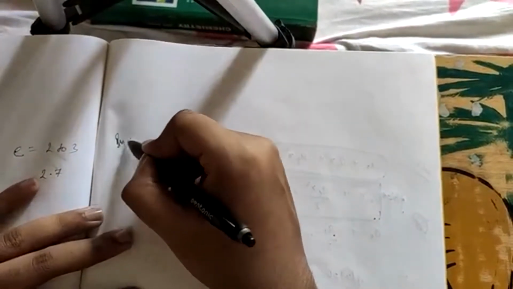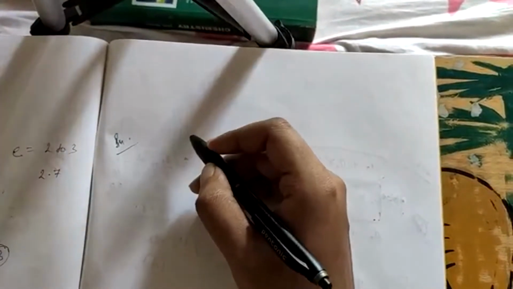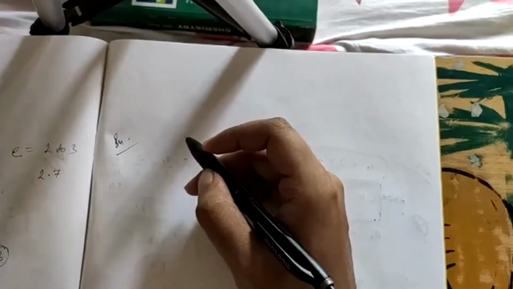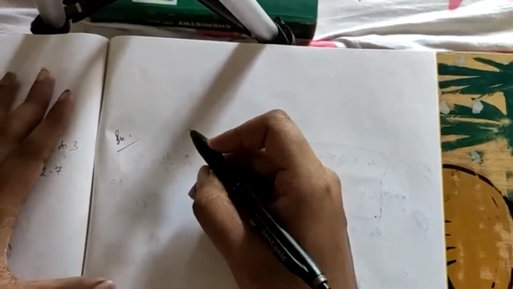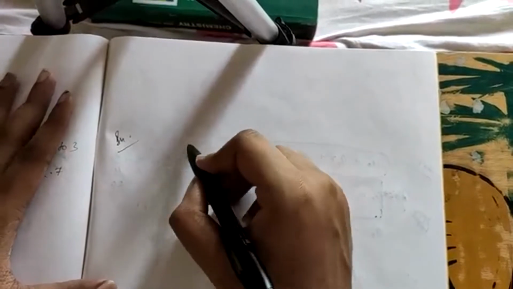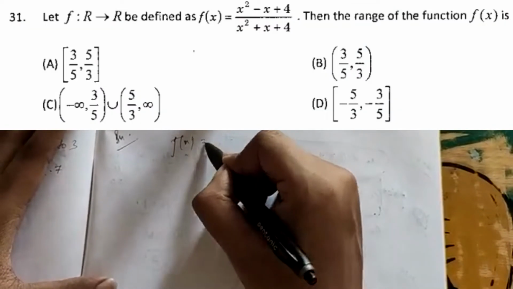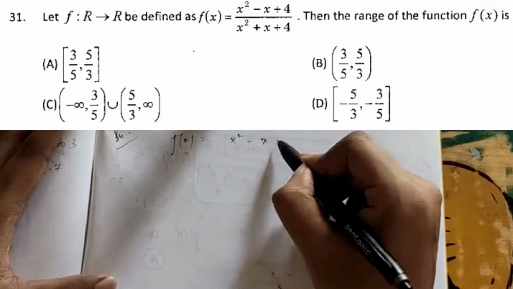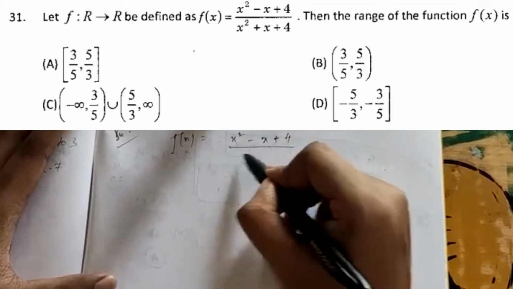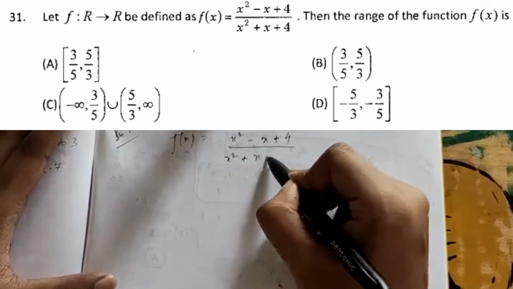That is question number 31. The previous one was question number 30, I guess. So this is question number 31. It's given that f(x) is equal to (x square minus x plus 4) by (x square plus x plus 4).